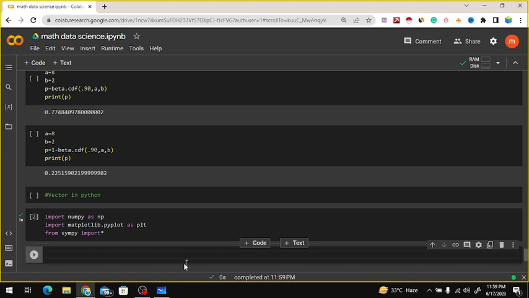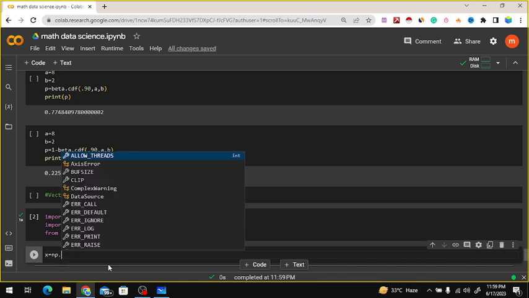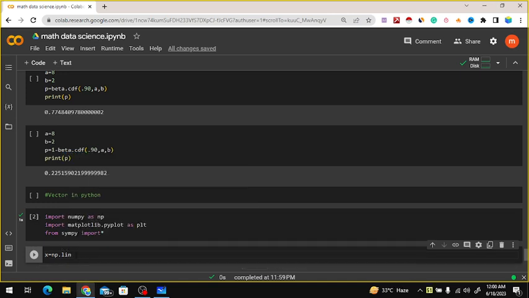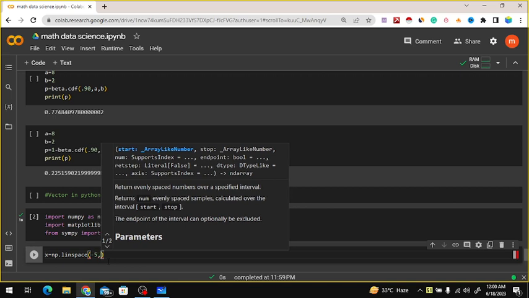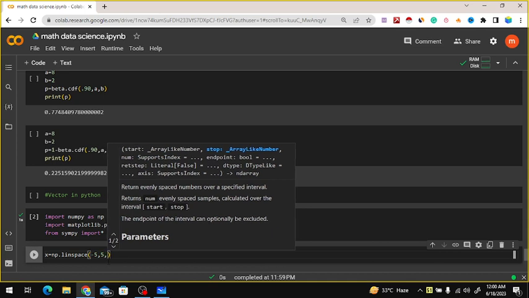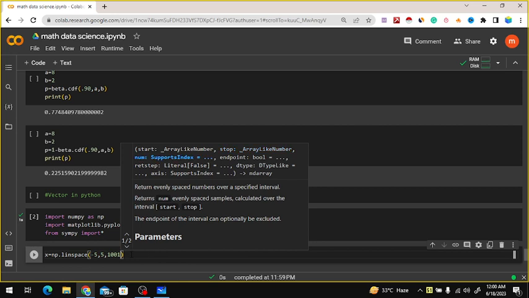So x equals np.linspace, and I am creating values from minus 5 to 5, so minus 5 comma 5, and we can take 1001 values. It's a one variable.